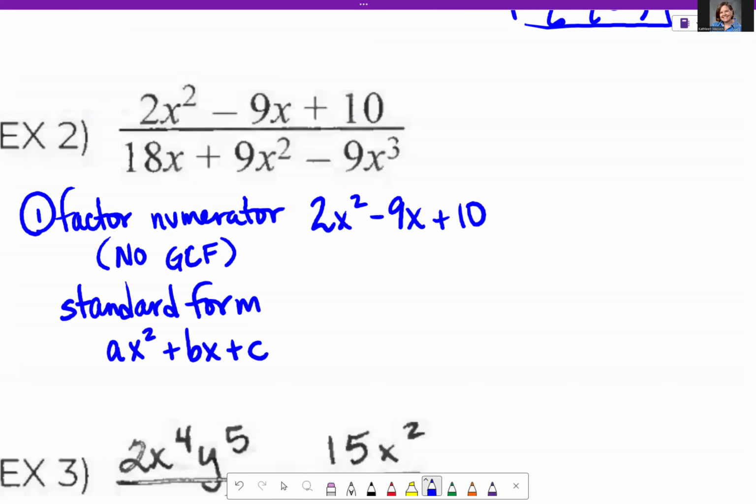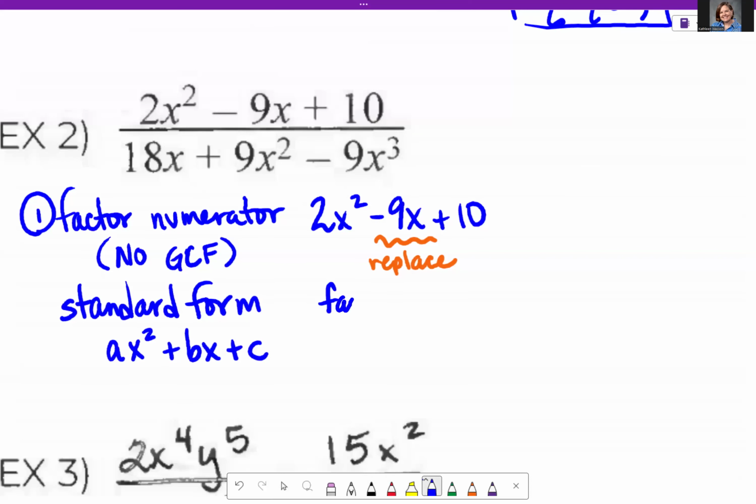There's several strategies for factoring this. One that always works is to use factoring by grouping, where I replace the middle term with two terms. The goal is I will rewrite this 3-term polynomial as a 4-term polynomial. To determine what to replace the negative 9x with, I make a factors and sums table.